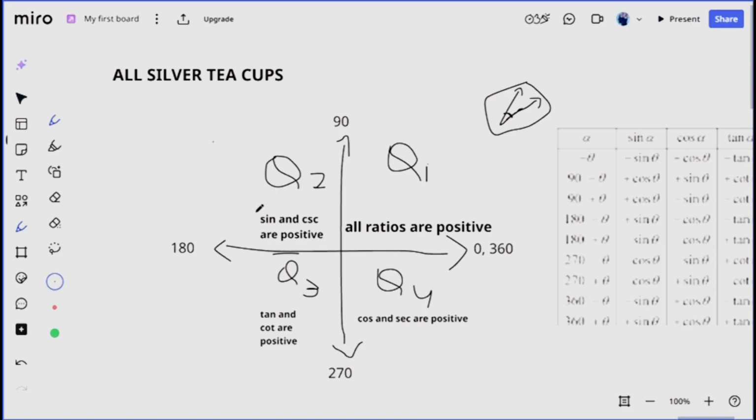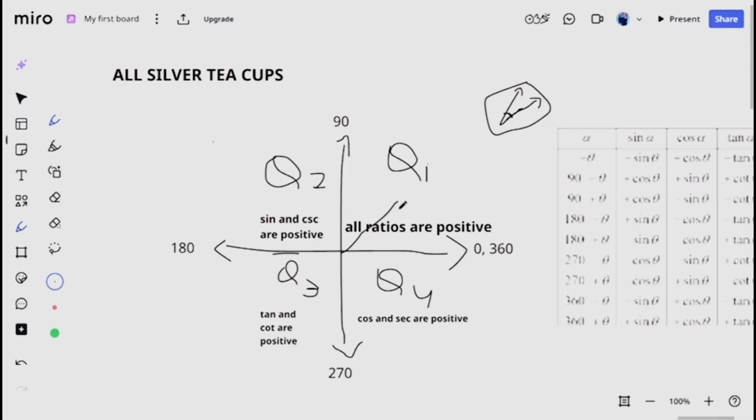Let's say from the origin there is one vector, an arrow, that makes a theta angle here. Sin theta value is opposite by hypotenuse. This is opposite, and this is hypotenuse. This by this.